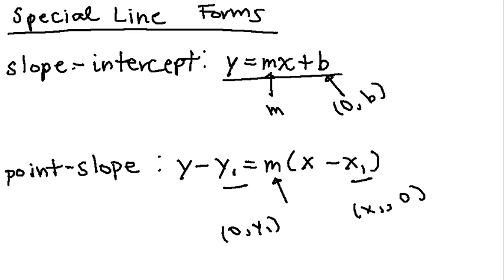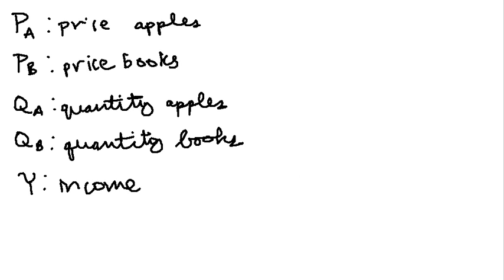We've talked now about all the math I plan to cover, so hopefully with your jogged memory, we'll be able to try some economics questions. So let PA be the price of apples, PB be the price of books, QA be the quantity of apples, QB the quantity of books, and Y the income.